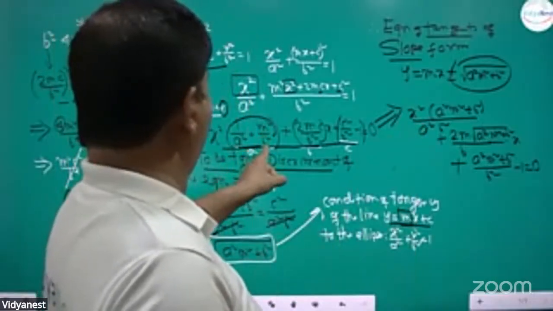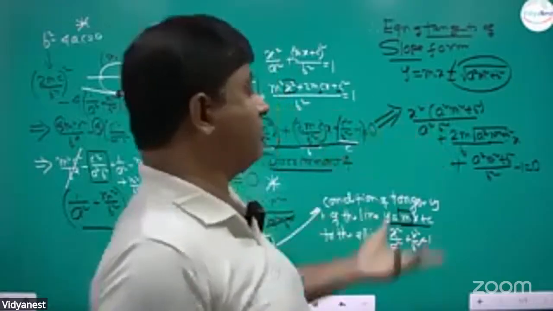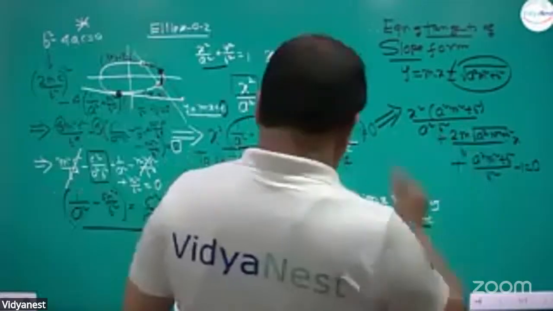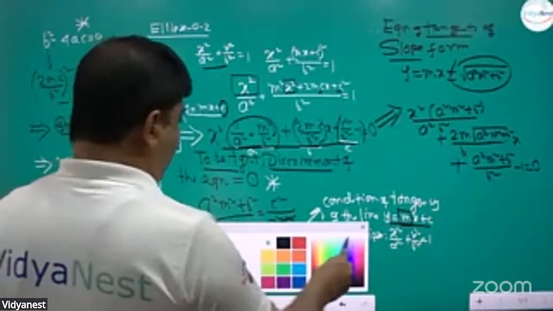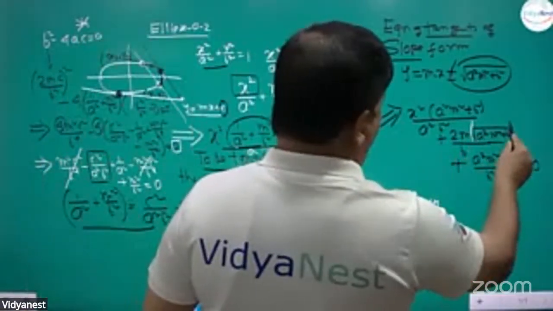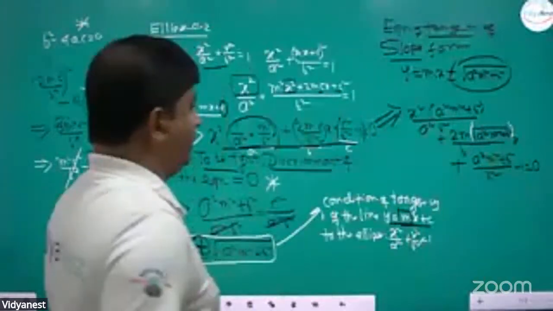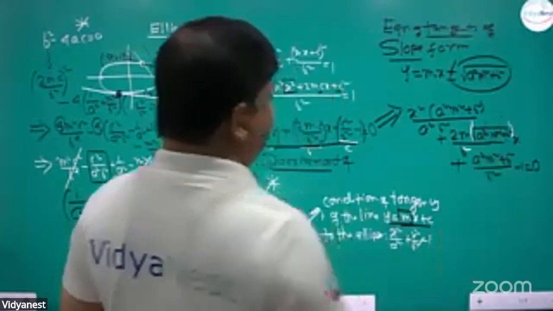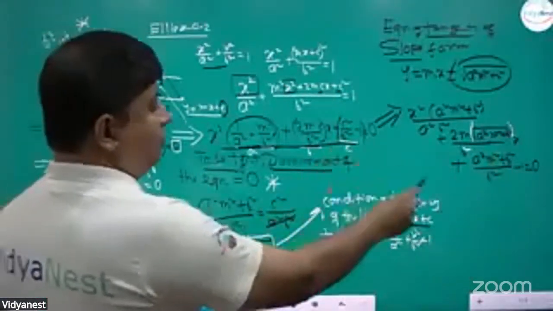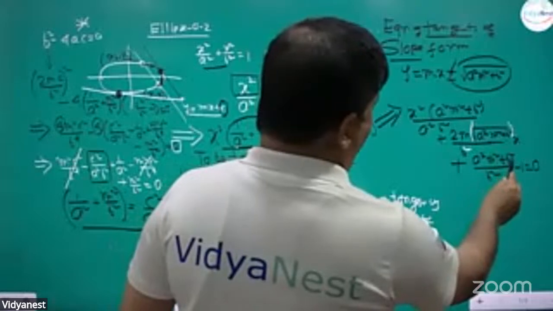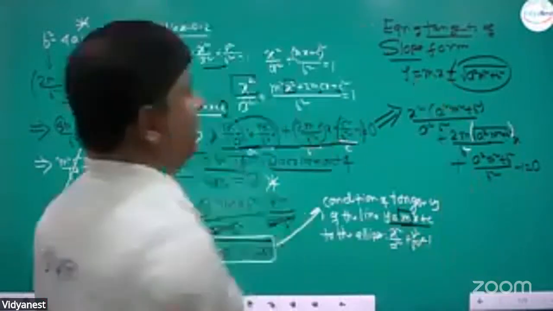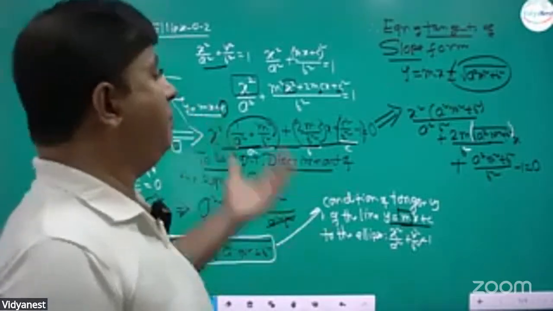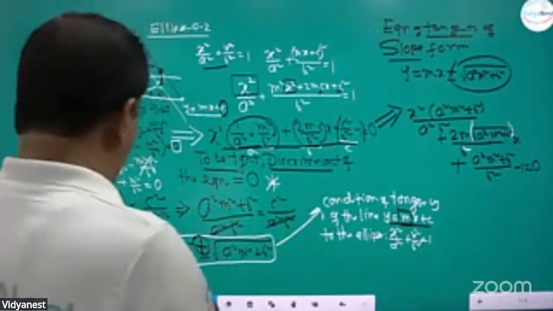A square m square plus b square by a square b square, simple LCM. Instead of this C, I have put root a square m square plus b square. x was there, x still remains, by b square. And instead of c square, I have put a square m square plus b square by b square minus 1. So, what simplification is waiting for us after that?